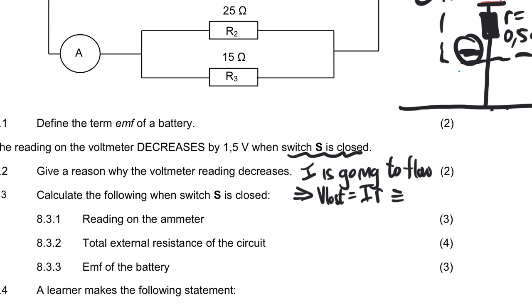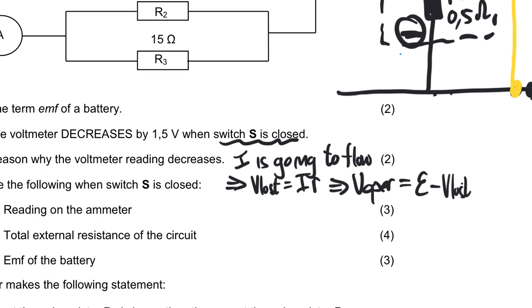Which means that V operational, which is what the voltmeter is going to read, is going to be the EMF minus the lost volts. Now, prior to switching the switch closed, there were no lost volts because there was no current flowing, so therefore the operational voltage was the EMF. It wasn't the true operational voltage because the battery wasn't operating.